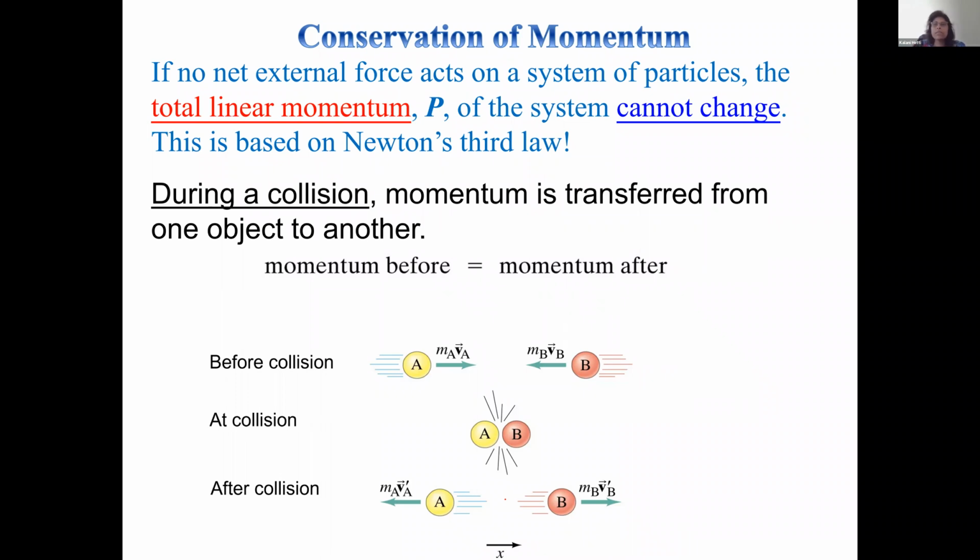Conservation of momentum, in meaning, is similar to energy conservation. Momentum conservation is saying that you cannot create momentum or destroy momentum if it is an isolated system where you do nothing during the collision of these two objects.